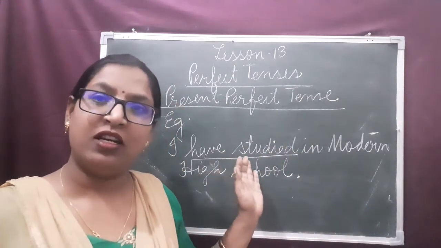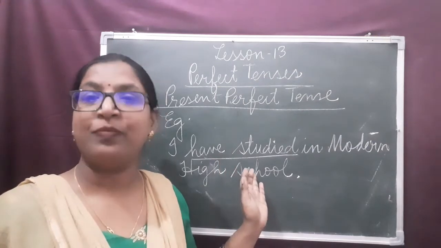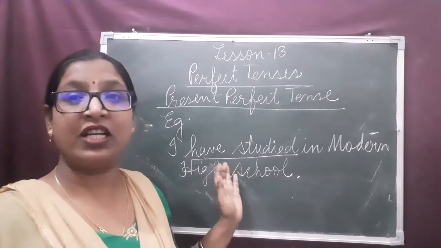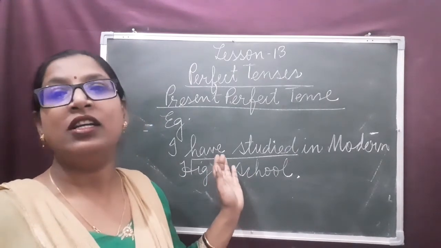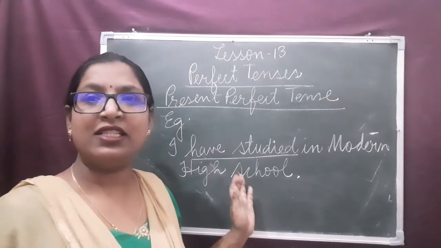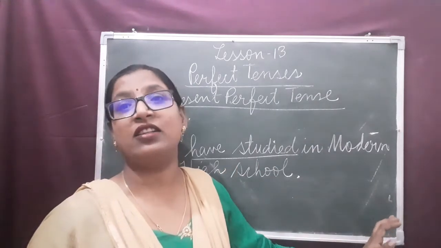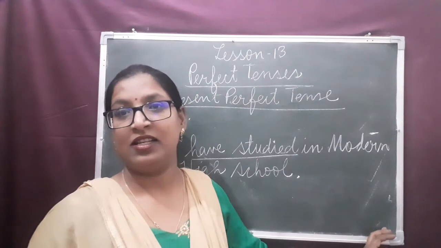Okay, action took place in the past sometime and is completed. This action of studying is completed in the immediate past, but the impact, the result of the studying is still connected at the time of speaking. Clear?